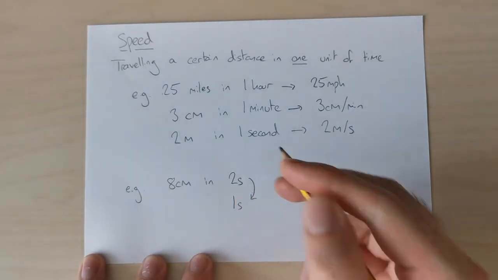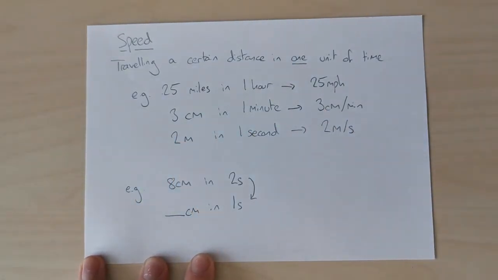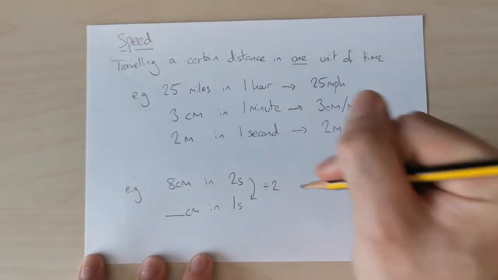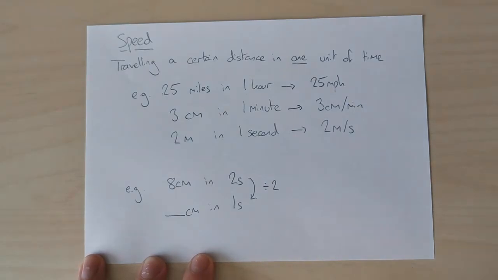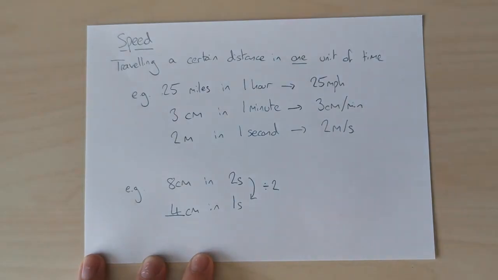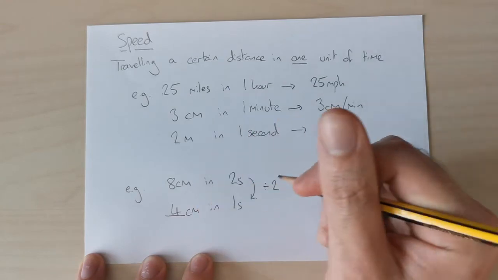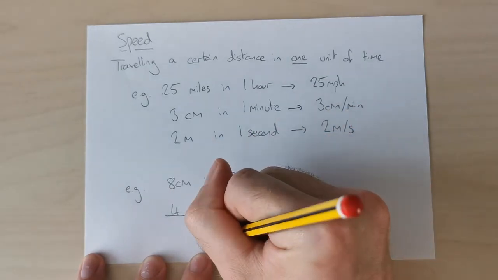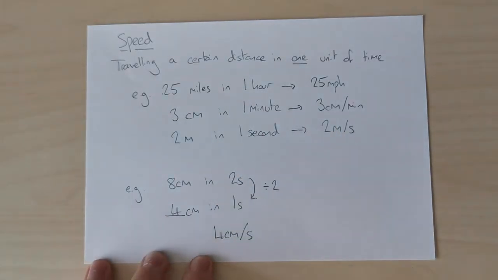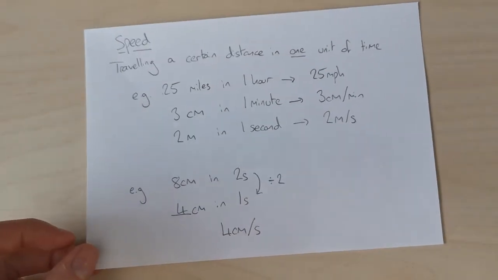How many centimetres would have been covered in 1 second? To go from 2 seconds to 1 second, we simply need to halve the amount. So if I do the same with the distance, that means we've covered 4 centimetres in 1 second. Which means if we look at that as a speed using the correct units, we have a speed of 4 centimetres per second.